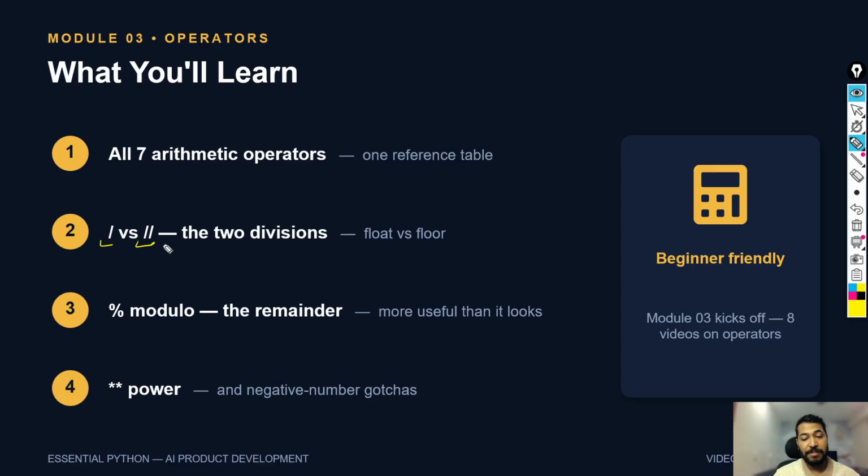When we divide with this operator, it returns the nearest floor value, and it depends upon whether we are operating on integers or floats. Accordingly, its behavior changes. That is something we are going to see in a more practical manner, step by step.